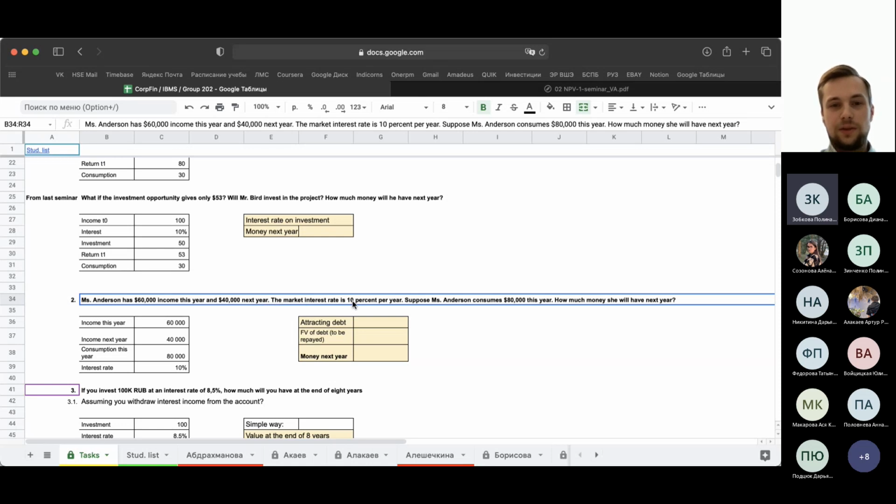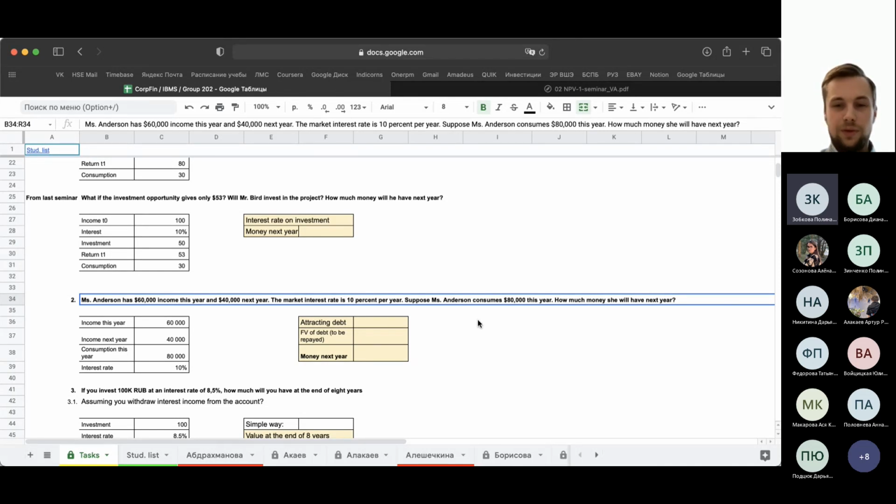And the market interest rate is still 10%, like in the case of Mr. Bird. But the interesting point is that Mrs. Anderson is going to consume $80,000 this year, so now. And the question is, how much money will she have the next year?